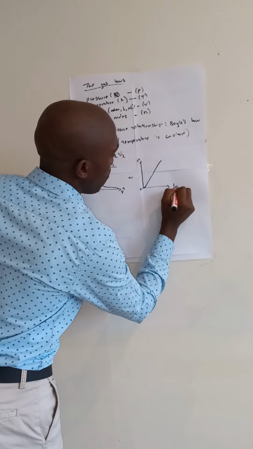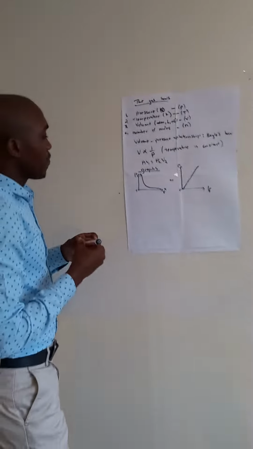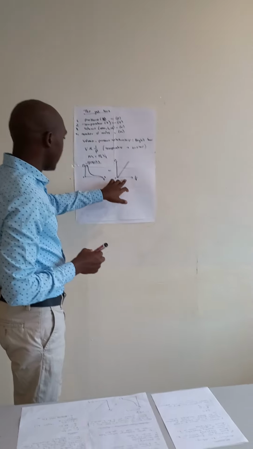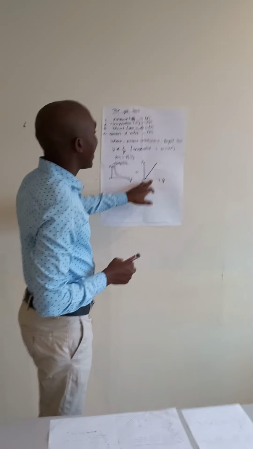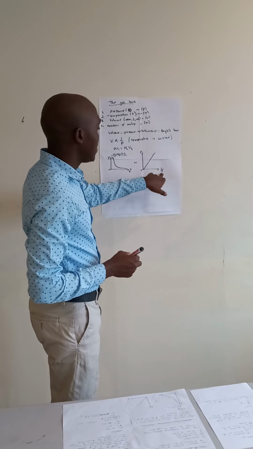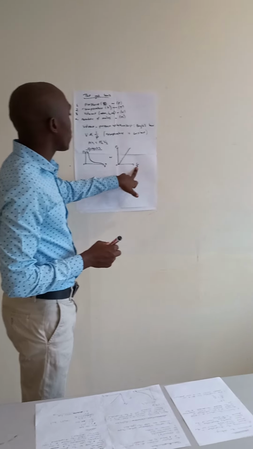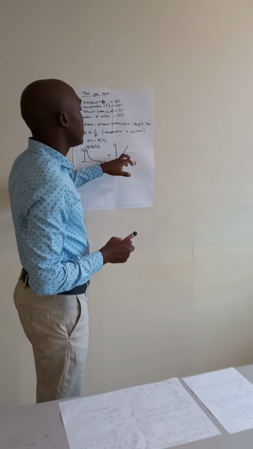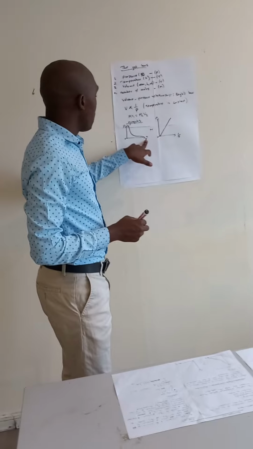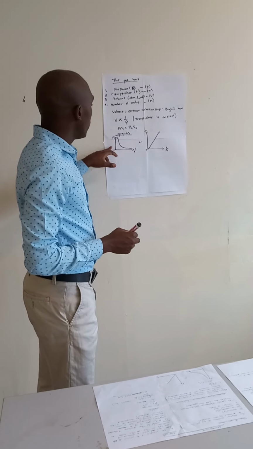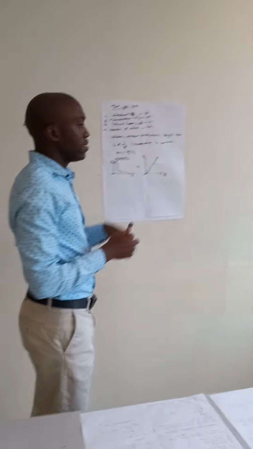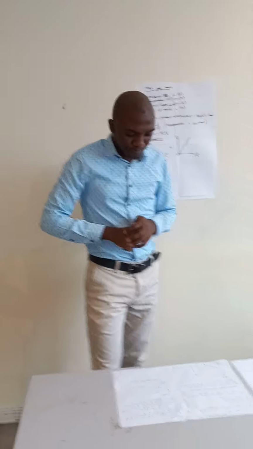Here you have 1 over V, the reciprocal of the volume. It's the reciprocal of the volume that is directly proportional to the pressure, while here we're saying the volume is inversely proportional to the pressure. This has the same meaning, but it is plotted in different ways.